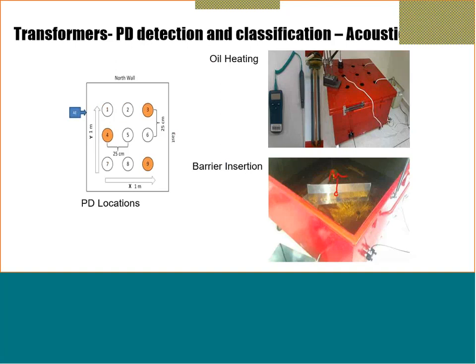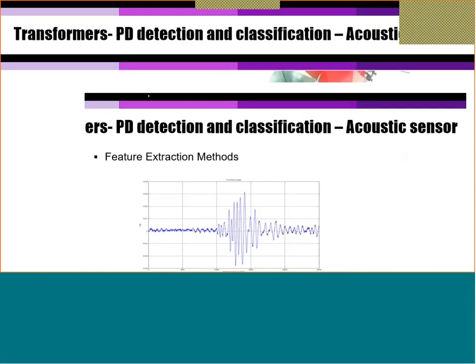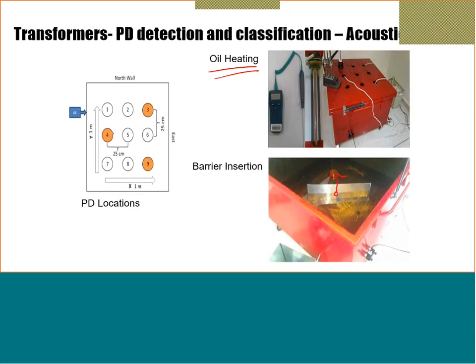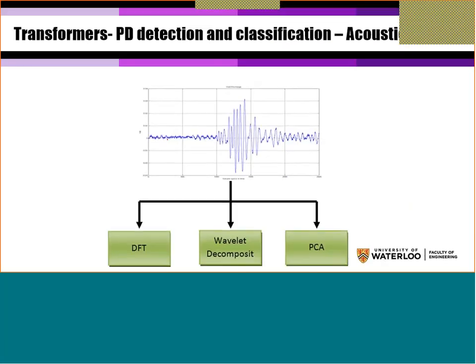It changes depending on the load. So what will happen if I change the oil temperature? Will my classifier still work or not? Another thing: what if I have the partial discharge at different locations, let's say location 3 or 4 or 9, close or far away? How will my classifier work?